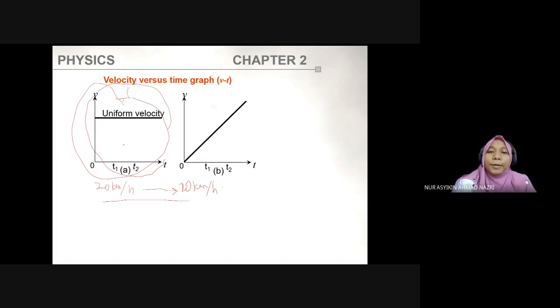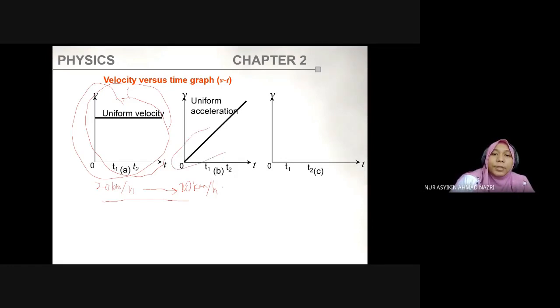And then for the second case, we have uniform acceleration pula. Okay, tapi how to explain our velocity? Velocity kita increases gradually with the time. Okay, increases je, naik je velocity kita. But here kita cuma ada satu constant gradient. So macam yang ni, gradient dia equal to 0. That gradient represents the acceleration.